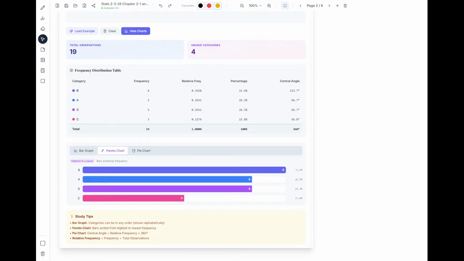If it's words or eye colors and things like that, it's typically in alphabetical order. These are not. I don't particularly care for these because they can be used to manipulate your views, since the highest ones are always going to be first, and a lot of times people focus on the picture and not necessarily on the numbers and words underneath. But this is a specific graph that you might be asked for, so understanding what it is is important.